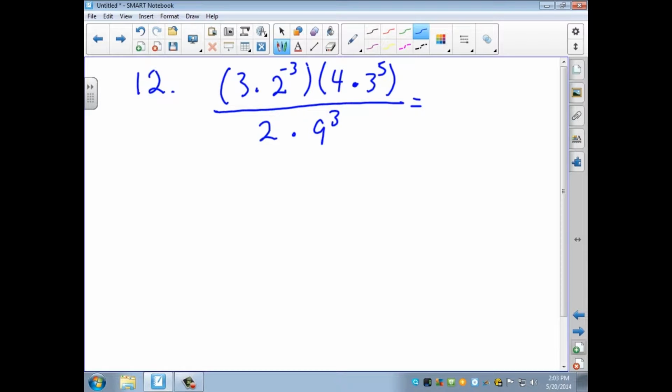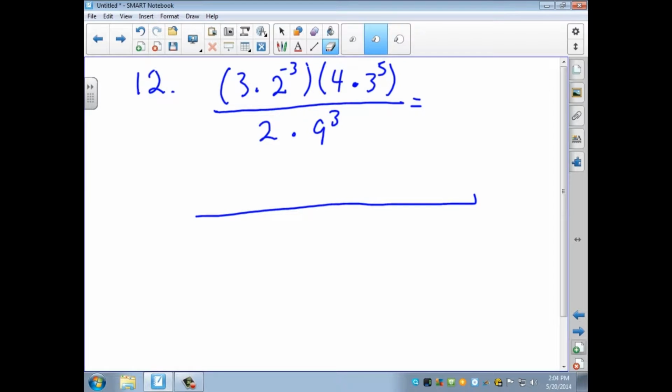Okay, so let's have a long line. Since everything is multiplied by each other, here is multiplication, here is multiplication, and then you have division, so I can have these written separately. I have 3 first, then 2 to the minus 3 times 2 to the minus 3.